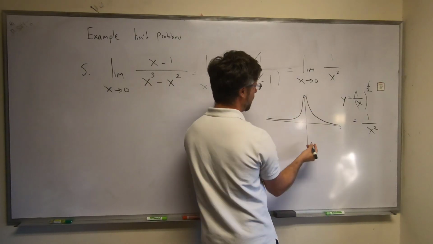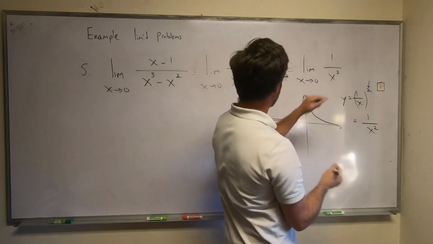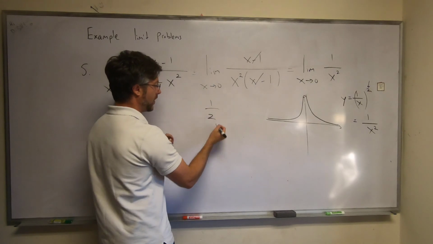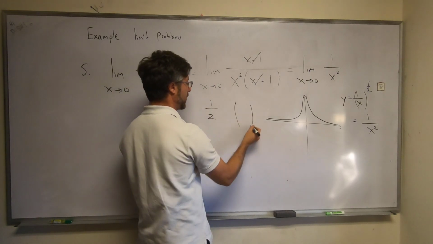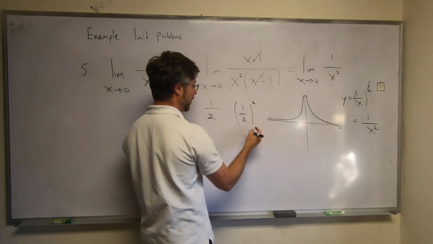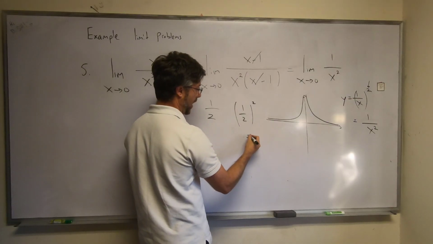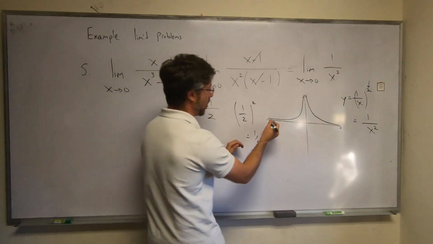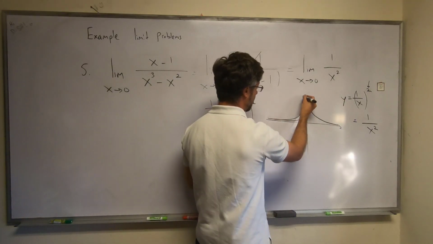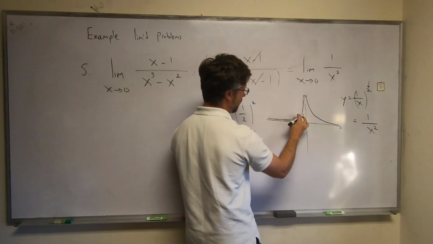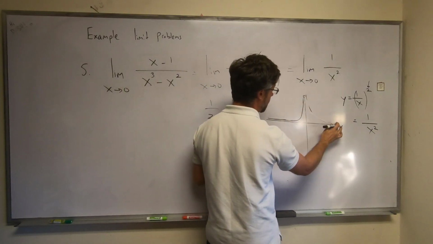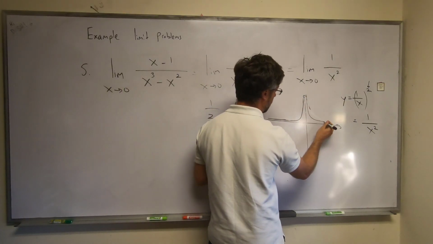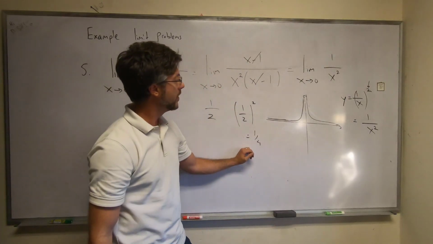There's a little bit more to it, because if I look at the value 1/2 and I compare it to 1/2 squared, well, 1/2 times 1/2 is 1/4. So the y values get squashed a little bit more, but since it has this asymptotic shoot off to infinity in both directions, the essential feature of the graph is this.